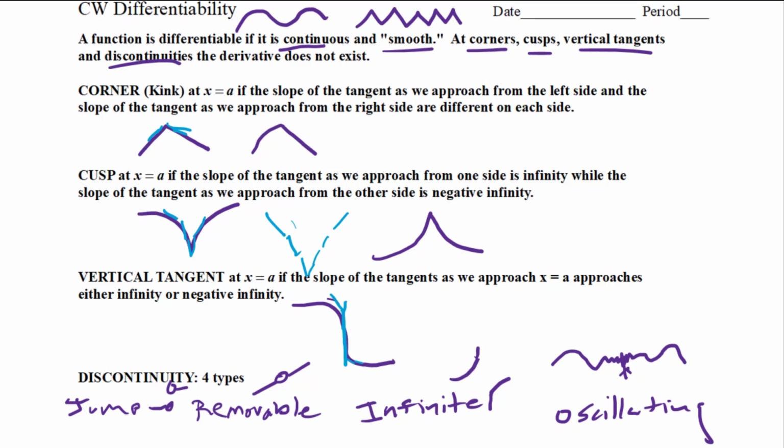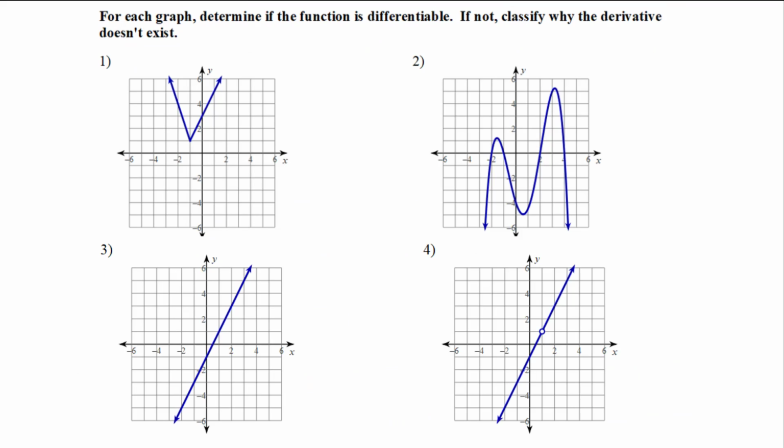So the first thing we want to do is to be able to identify each of these types. For each graph, determine if the function is differentiable, if it's smooth. If not, classify why the derivative does not exist. So if you're looking at the first one, does that look smooth? No, it's not. So we're going to say no, this is not differentiable. We could also say non-differentiable, although that's pretty long to say here.